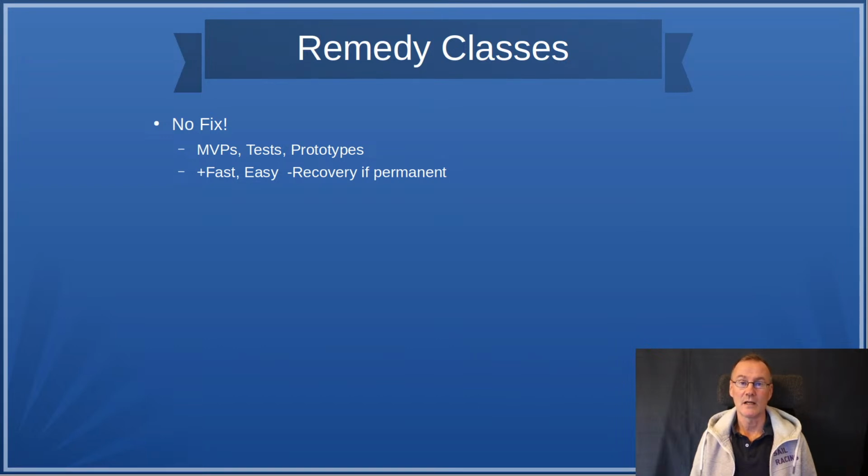We can test out market needs before we really get into stuff. But on the minus side, we need to recover if this MVP turns out to be a production-ready thing that you actually have an audience for. Then you have to recover and take control over the certificates that are used for the solution.